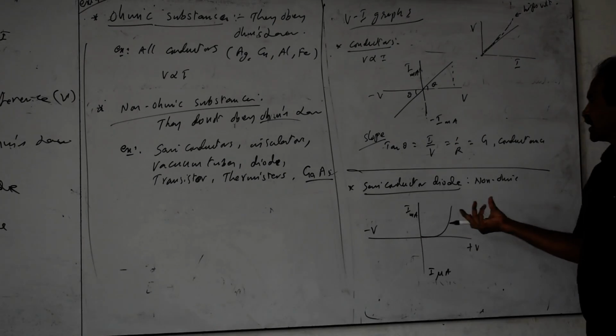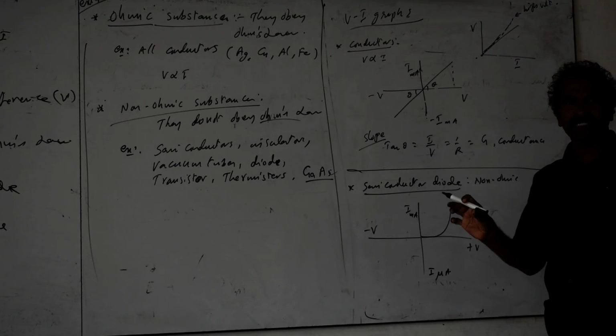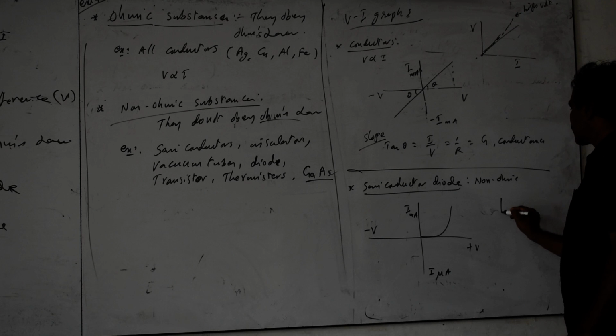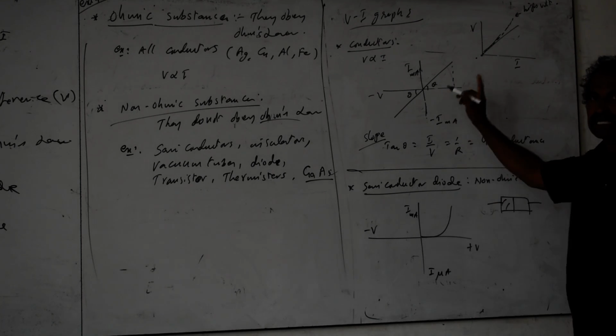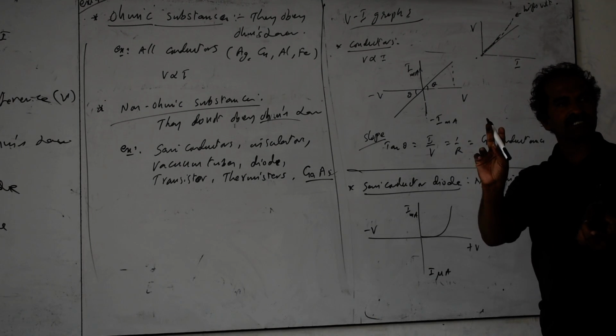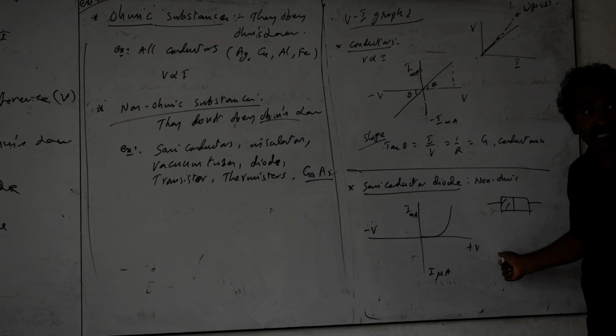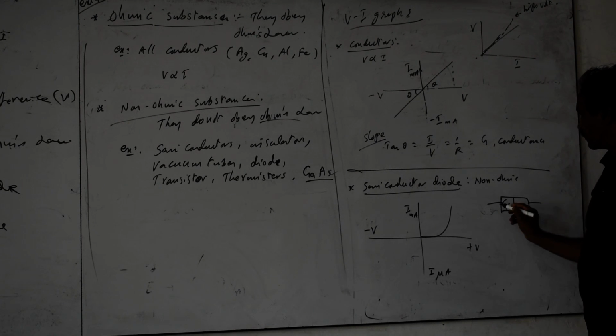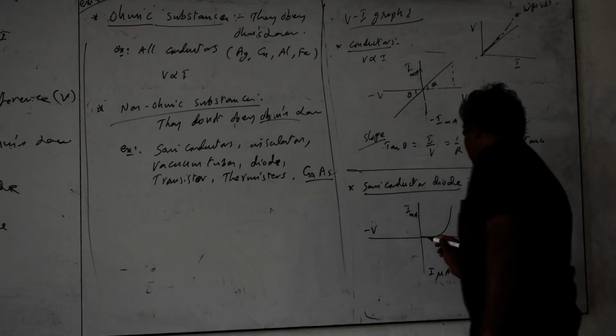For the semiconductor diode, two electrodes, two endpoints with two different materials, is called a diode. Having two different materials, one side is different from the other. A conductor is not like that; a conductor means a wire. When you reverse a conductor, it makes no difference. But a semiconductor is not like that. If you reverse the plus and minus, the current is different and the graph will be different.